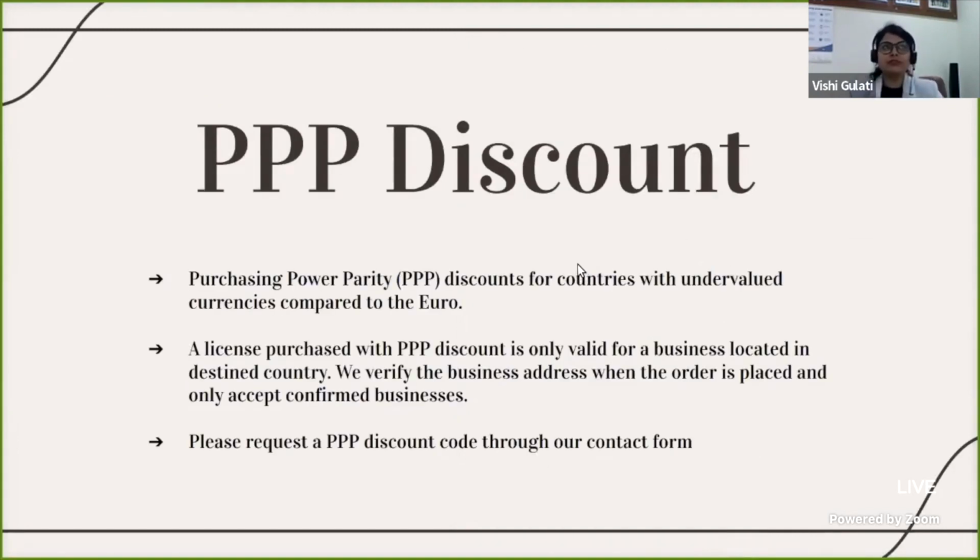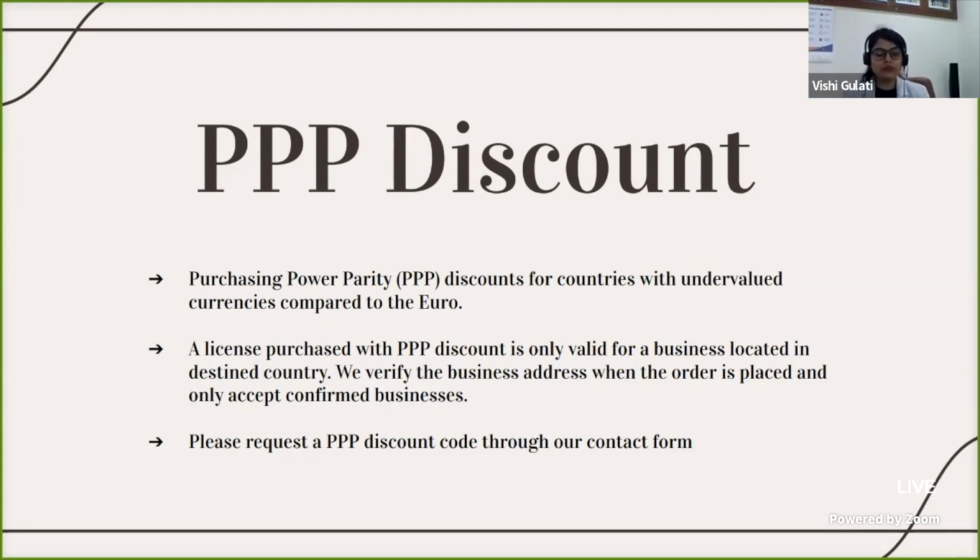What we are talking about is the PPP discount. For now, they are providing a purchasing power parity discount for countries with undervalued currencies compared to the euro. If you are from any such country, then you can avail it. If you want it, you need to contact them.